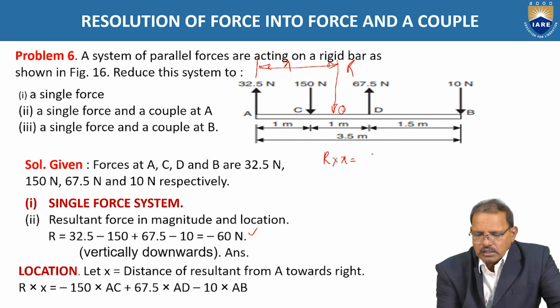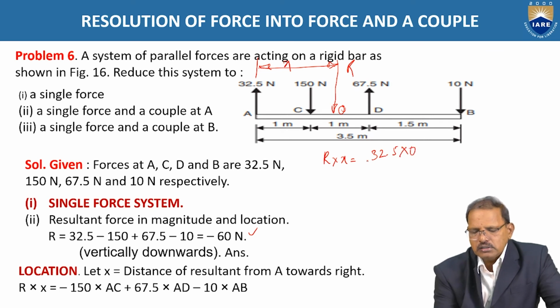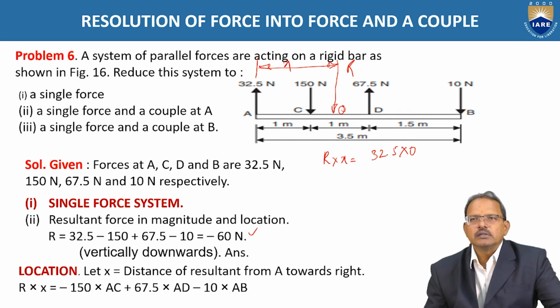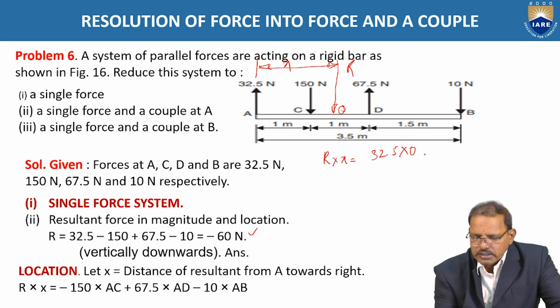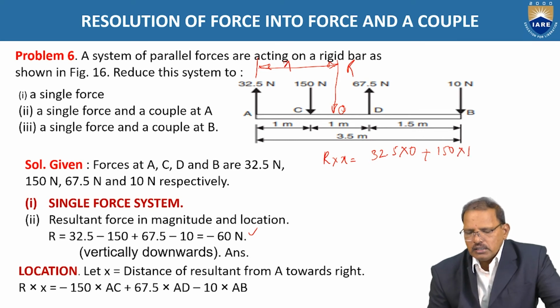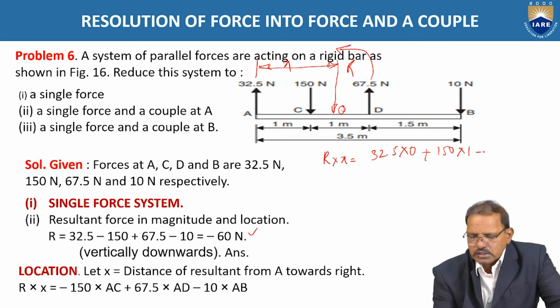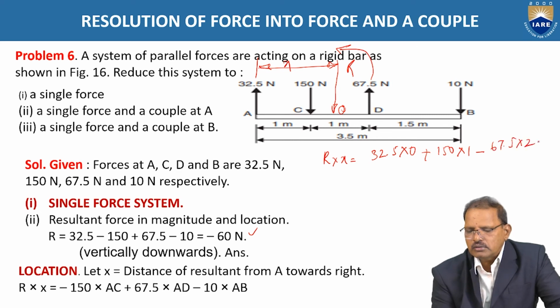At A, 32.5 newtons, since the moment is also taken at A, the distance is 0. At C, 150 newtons tends to rotate the body in clockwise direction, hence the moment is treated as positive, that is 150 into 1. Again at D, 67.5 tends to rotate the body in counterclockwise direction, hence it is treated as negative, that is 67.5 into 2 negative.